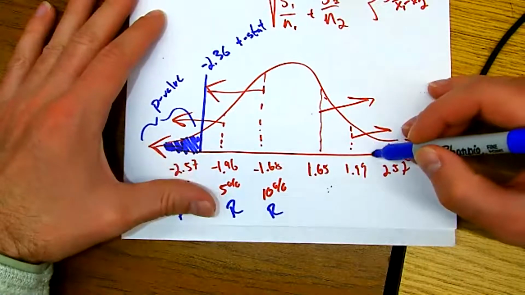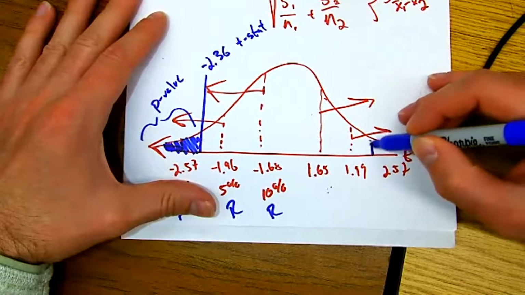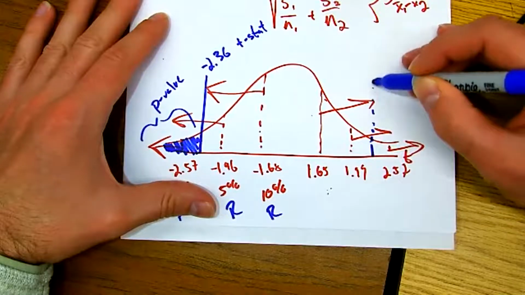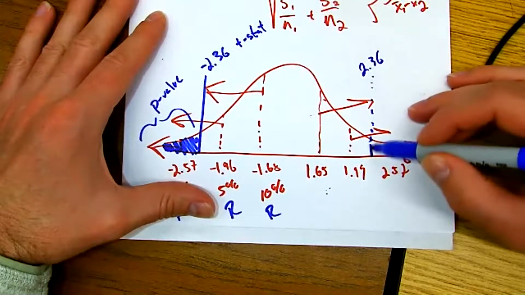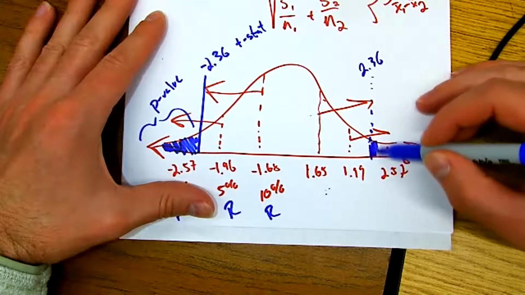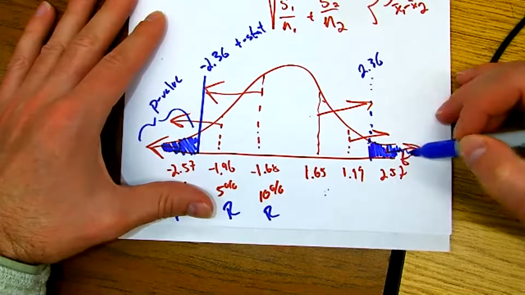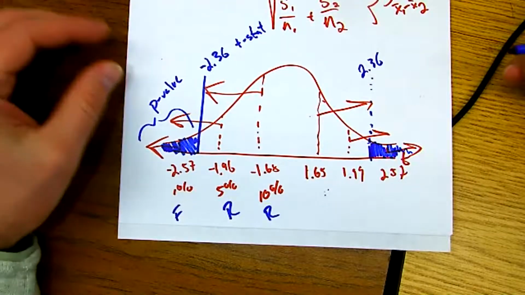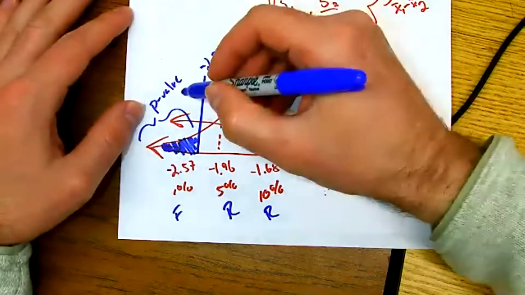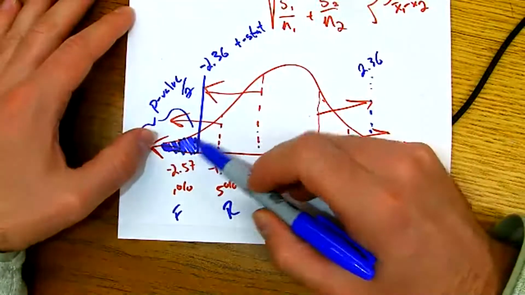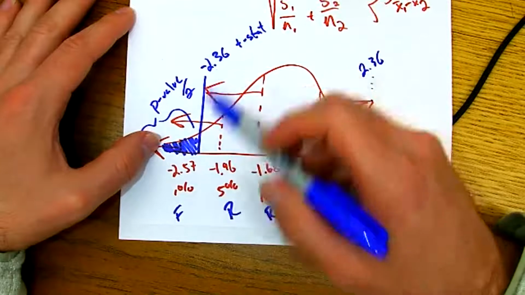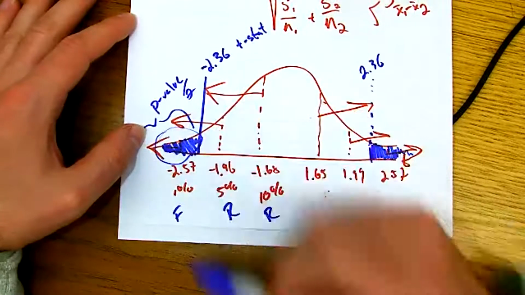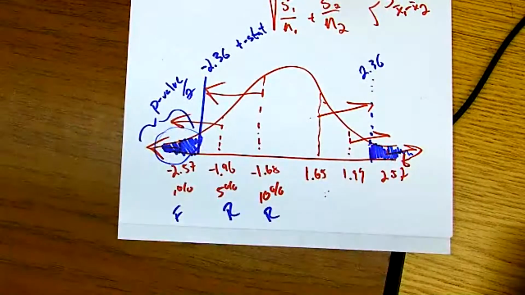It would have been equally as likely for me to see something that was 2.36 standard deviations above that assumed true difference of 0, and anything above that would go against the null as well. So I've got two tails. So the area that is more extreme than my test statistic, or the area to the left here of my test statistic, this is only half of my p-value. Okay.